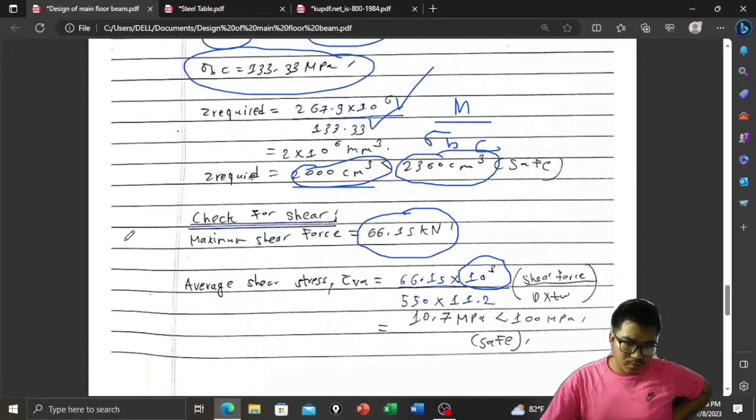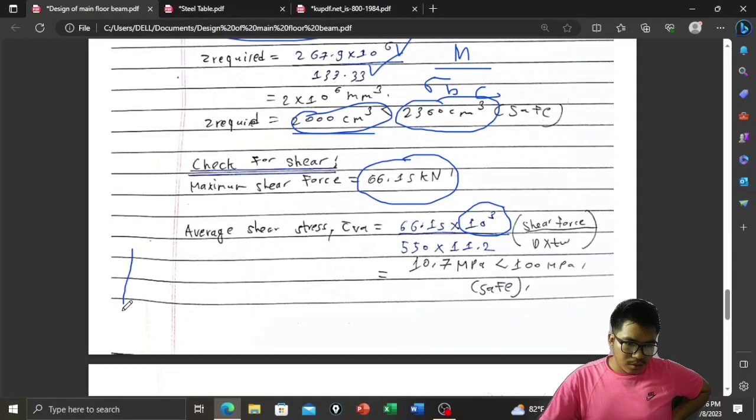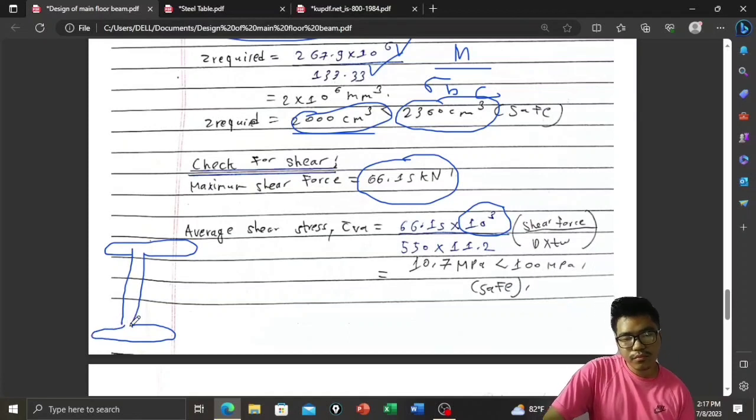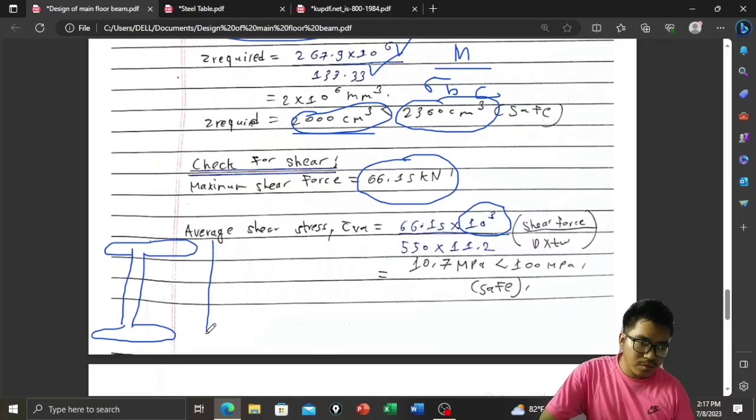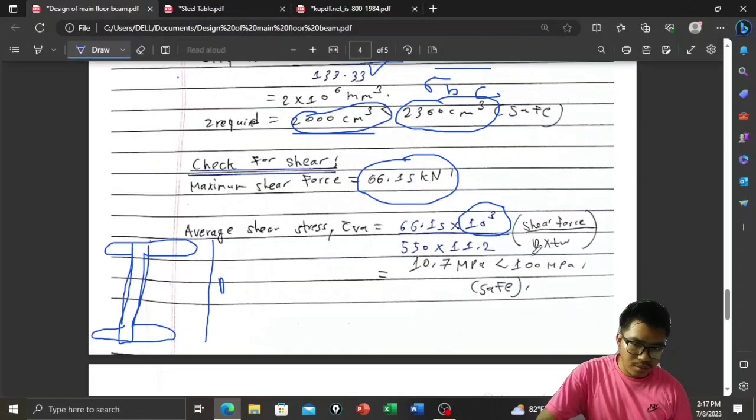If this is I section, then the area that resists shear force is all depth multiplied by thickness of web.